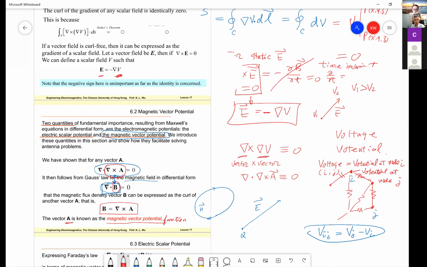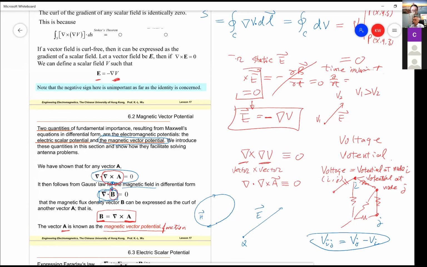Now let's look at the magnetic vector potential. It seems this advantage disappeared, because the magnetic field B is a vector, and your potential A is also a vector. Then what's the point? We find one vector and then take a curl to find another vector.